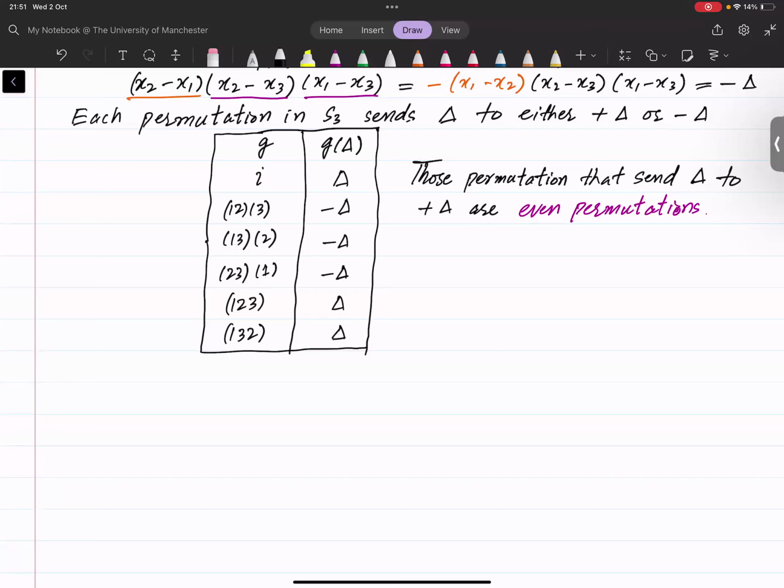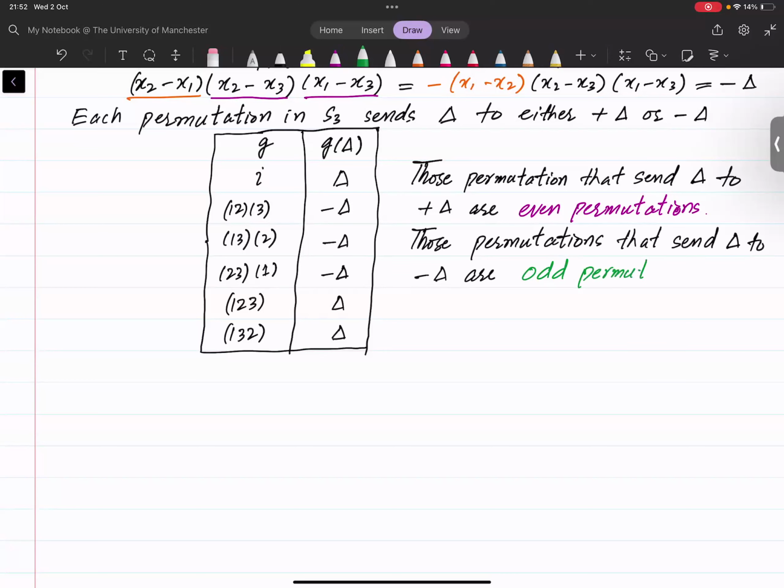And those permutations that send delta to minus delta are odd permutations. Right?